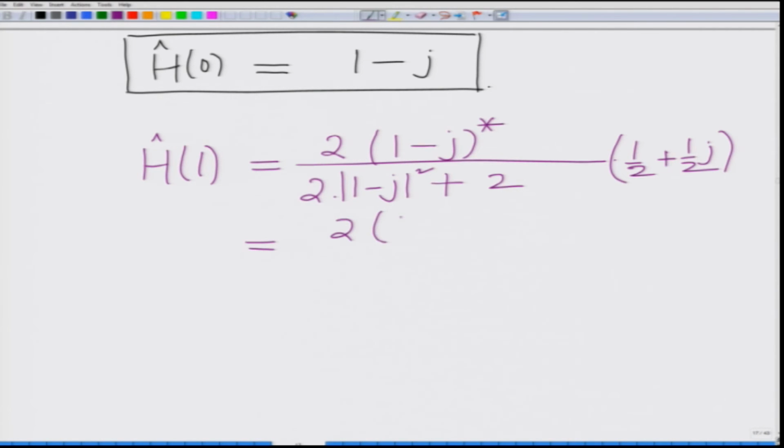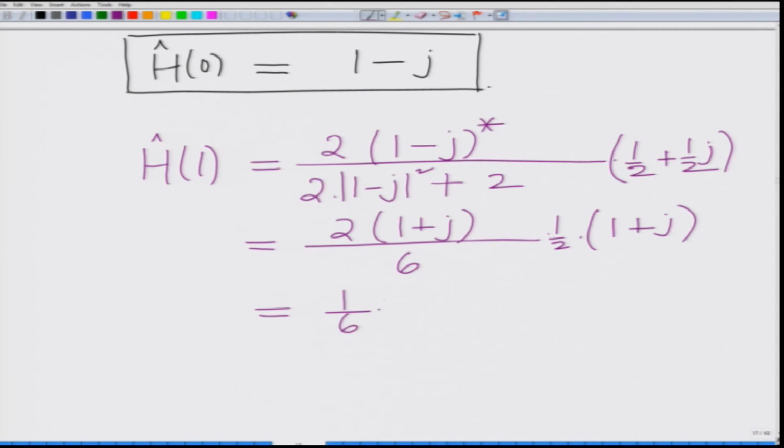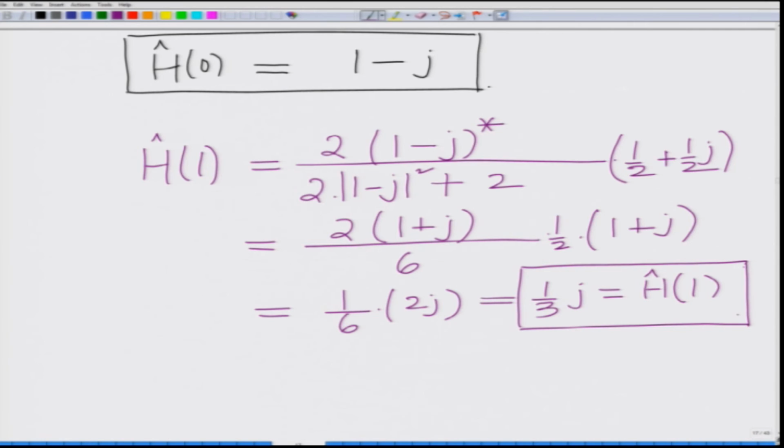So, this is twice 1 plus j divided by 2 into 2, 4, plus 2, 6, into half into 1 plus j. Okay. So, this is going to be 1 by 6 into 1 plus j square, and 1 plus j square is basically 2j, which gives 1 by 3 j, and this is h hat 1, the estimate of channel coefficient across subcarrier 1.